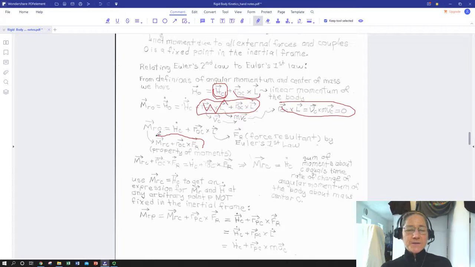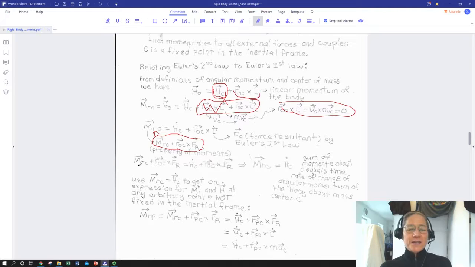So if we substitute this term in for the resultant moment about point O and then rewrite this whole expression, we end up with an r_OC cross L-dot term, because the sum of the forces is equal to the time rate of change of momentum by Euler's first law.